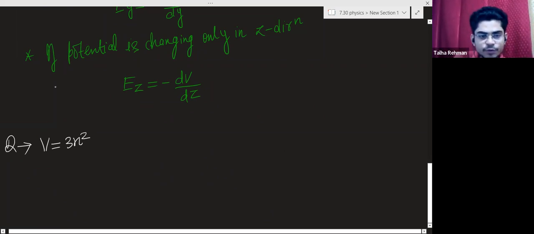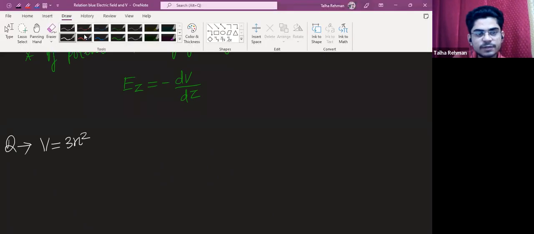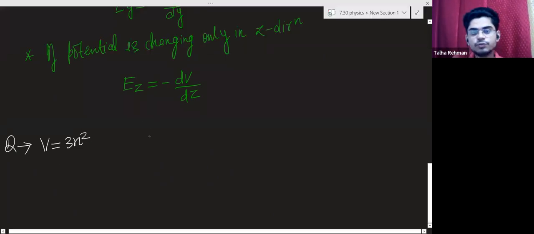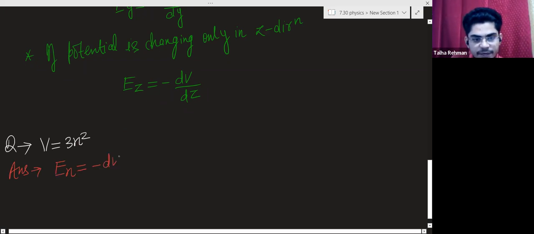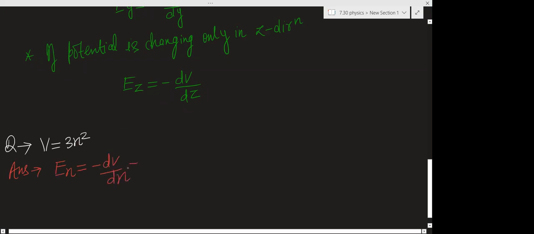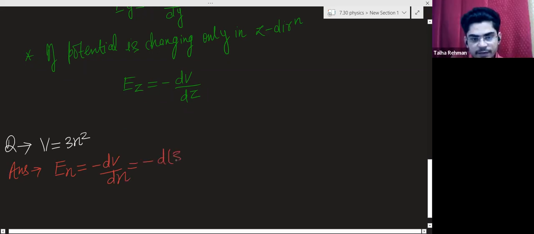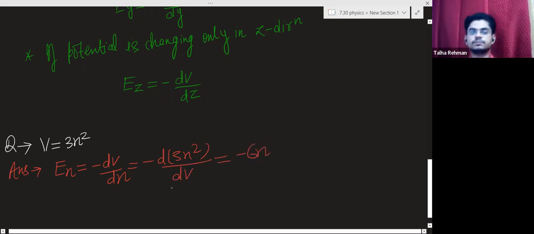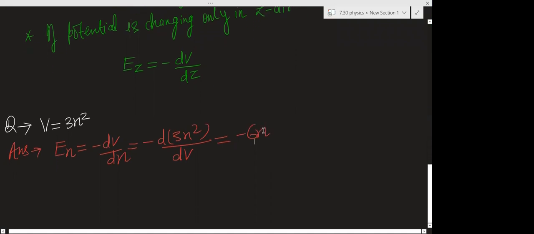So if I want to find the value of electric field, the electric field in x direction will be minus dV by dx. And can I write like this, differentiation of 3x square, and this will be minus 6x simply. Is it fine now?